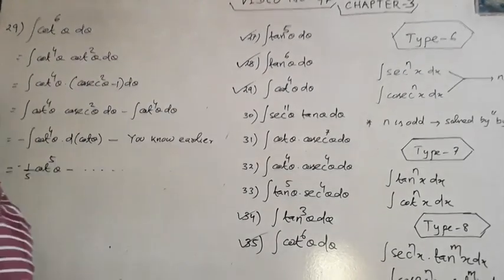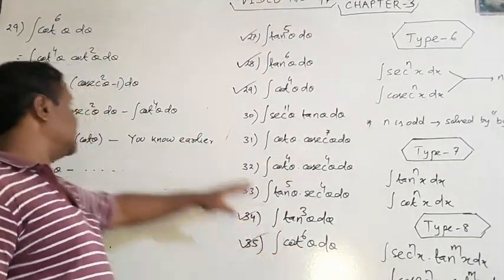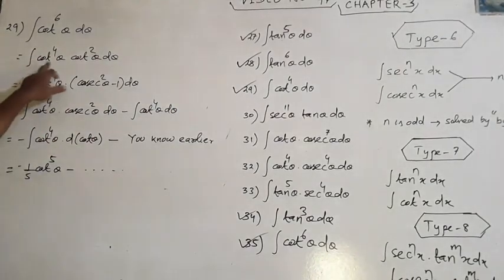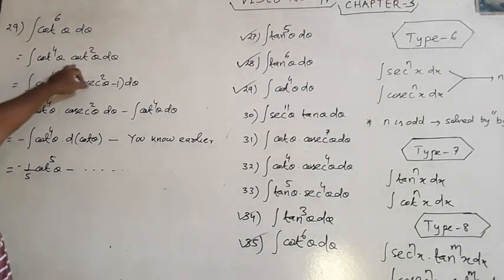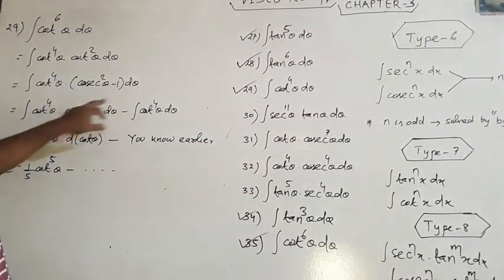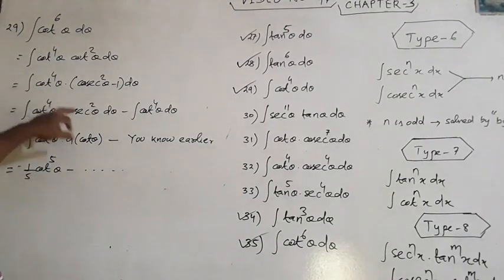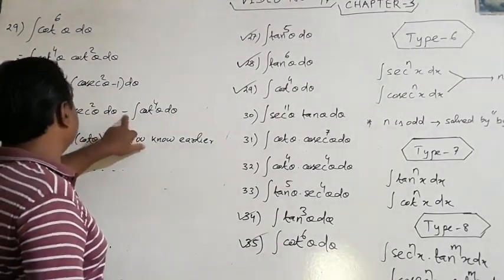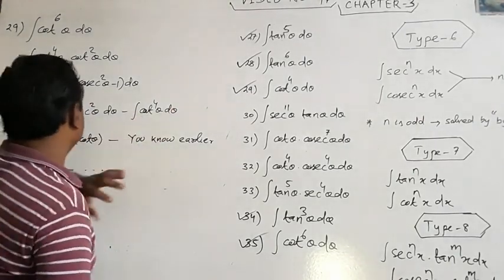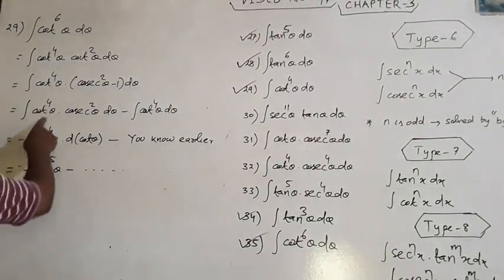Okay. Now I am doing cot power 6. You have to take power 2 outside, and here in left side power 4, cot 4 theta. It is cosec square theta minus 1. Multiply: cot 4 theta minus cot 4 theta into cosec square theta d theta minus cot 4 theta.